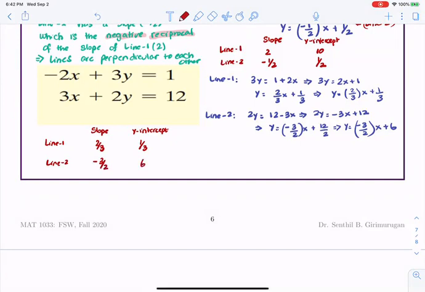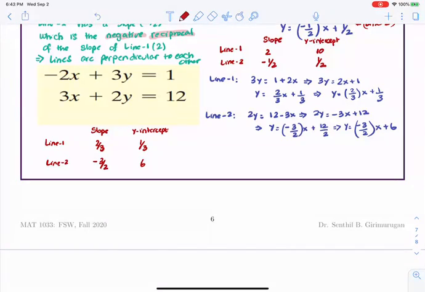So clearly the two lines have opposing slopes in terms of signs. One is positive, one is negative. So there is a chance that the lines could be perpendicular. What is the next condition for them to be perpendicular? The slopes must be reciprocals also. So the reciprocal of 2 over 3 is just the flipped version, which is 3 over 2.